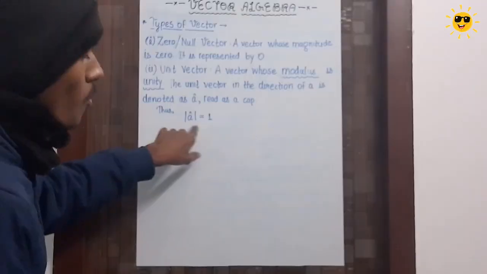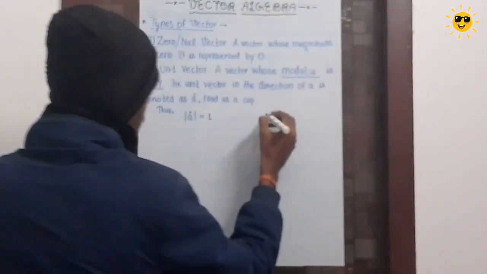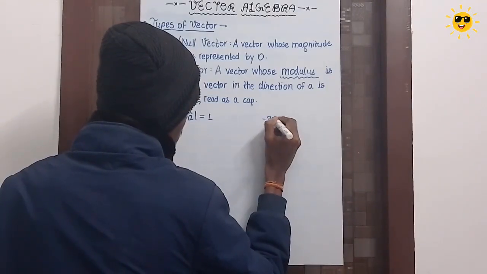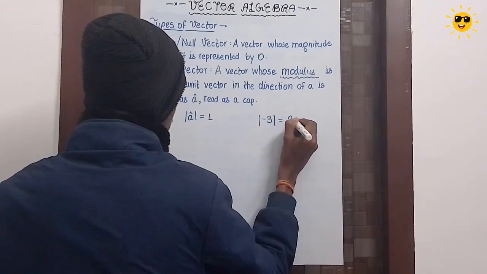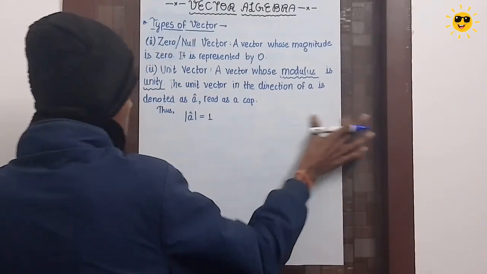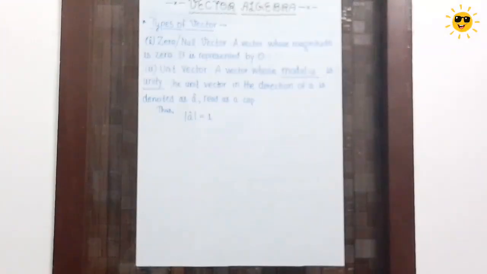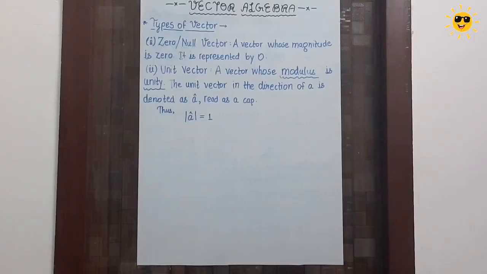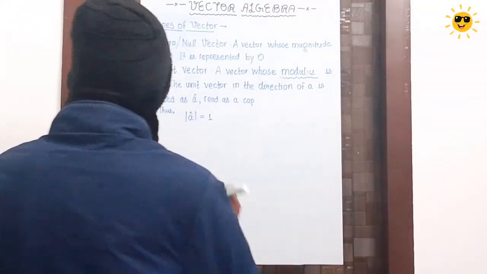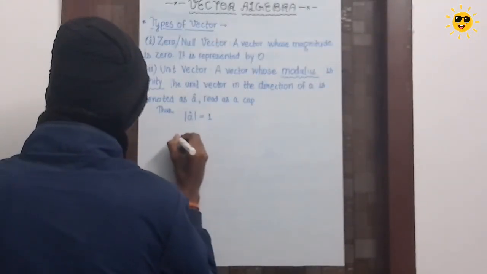This is called modulus. You know, we were given questions like -3 modulus is what? So it's 3. That's what you call modulus. Modulus means magnitude. It's just simply the number in it. From this, a thing is derived.